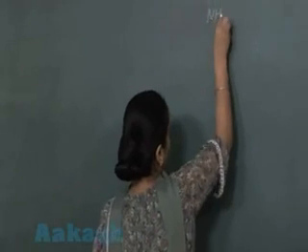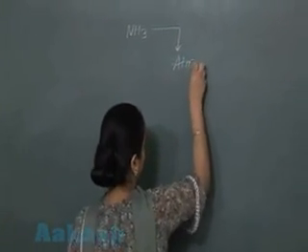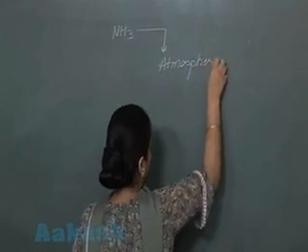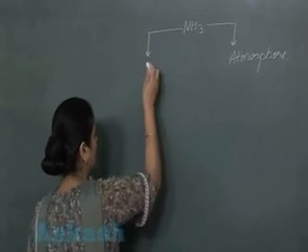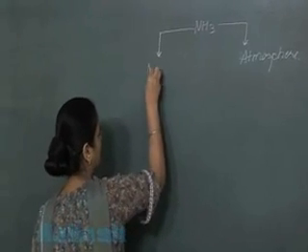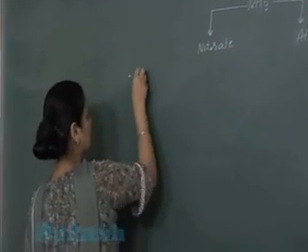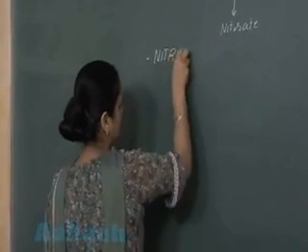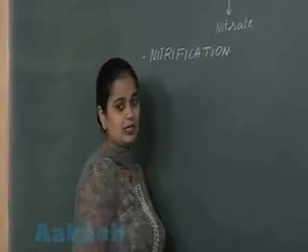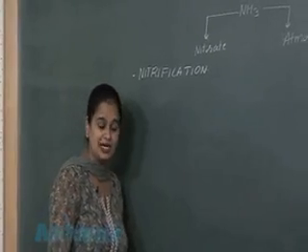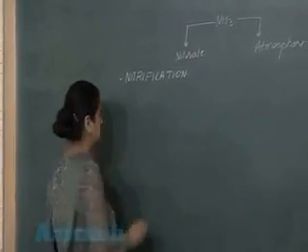Some of the ammonia will volatilize and enter the atmosphere, and some of the ammonia, or you can say the major part of it, is converted into nitrate, and the process involved in this is nitrification. So the conversion of ammonia to nitrate occurring in the soil is known as nitrification.